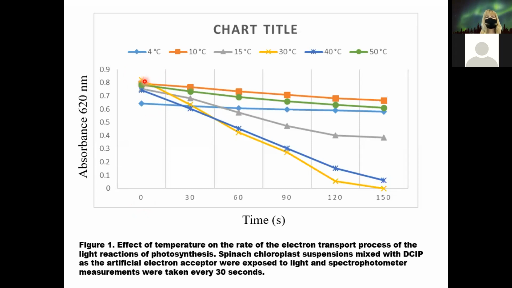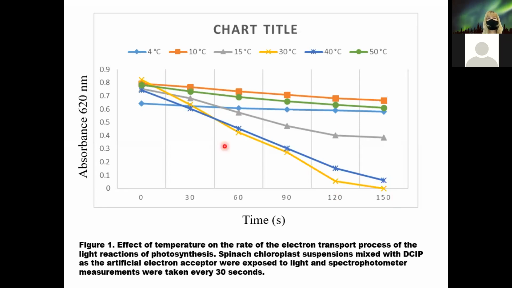What you're looking for is the slope of the line, essentially, as you work your way from left to right. If it's a steep slope, like the yellow line here, which is 30 degrees Celsius, that means the rate of photosynthesis is cooking along quite nicely. You have DCIP getting reduced quite nicely. After 120 seconds, it's almost 0, and at 150, it is 0.